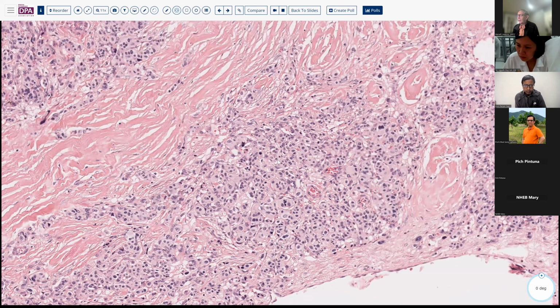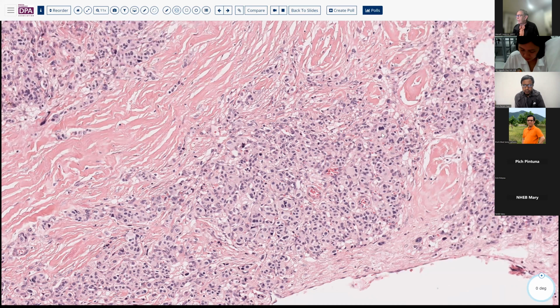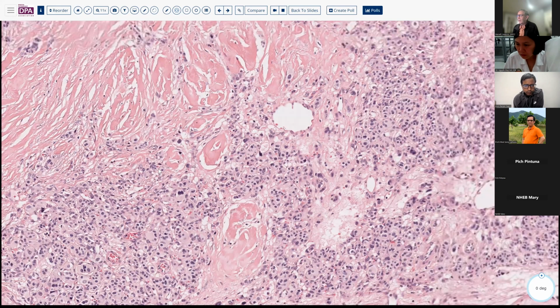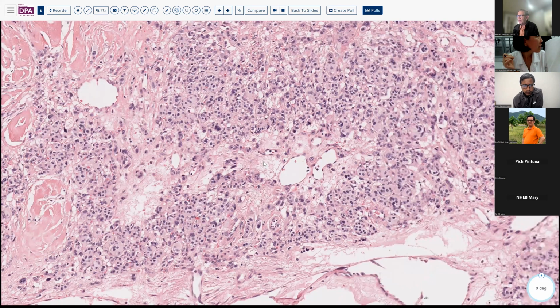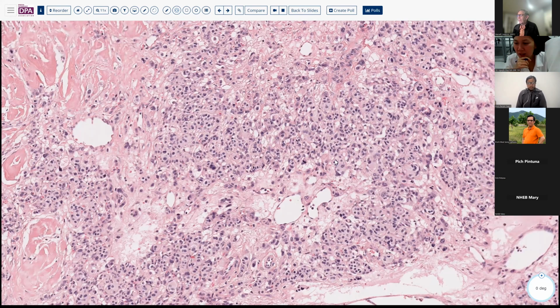Note that in some neuroendocrine tumors, there can be a degree of nuclear pleomorphism. That does not correspond to malignancy or more aggressive behavior, unless you have the associated high mitotic rate that goes with that, such as we saw in that first small cell carcinoma.